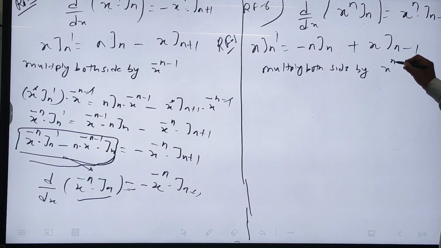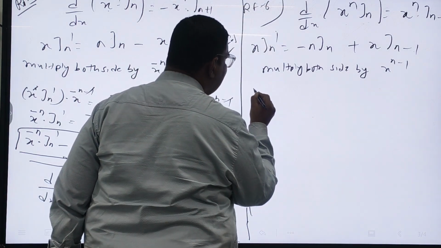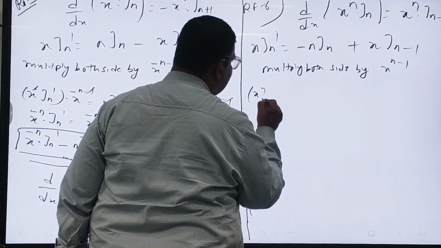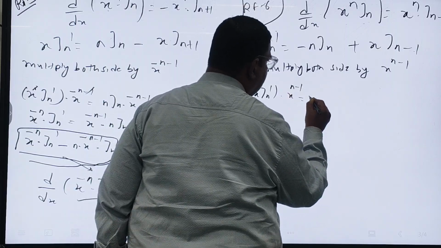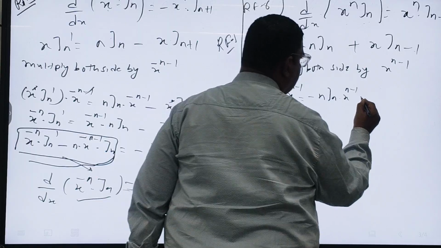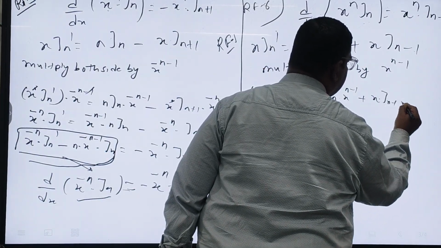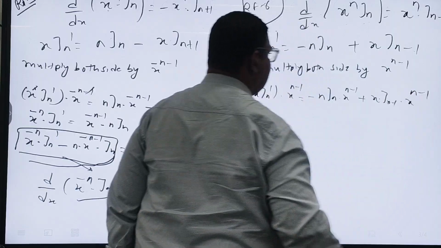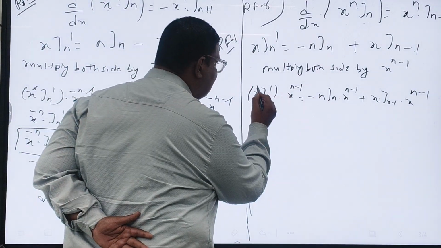So when you multiply x raised to n minus 1 to the recurrence formula number 2 of the Bessel function, what you will get, you can see here, x Jn dash dot x raised to n minus 1 equal to minus n Jn dot x raised to n minus 1 plus x into Jn minus 1 dot x raised to n minus 1. You can see here again, when the base is the same, power is added.